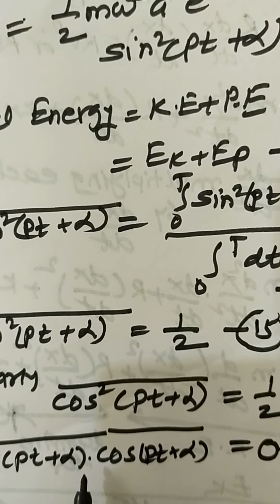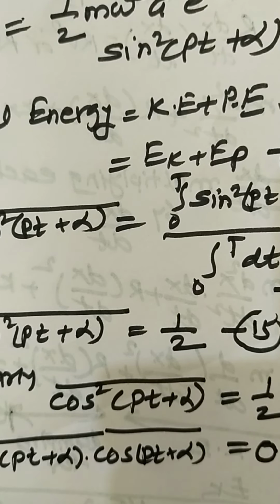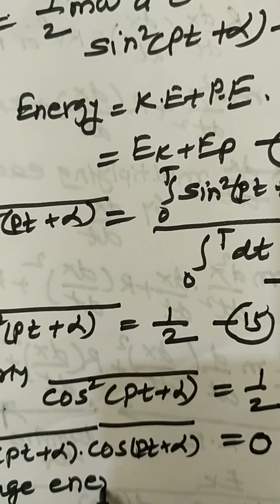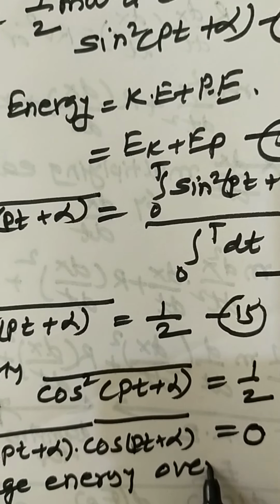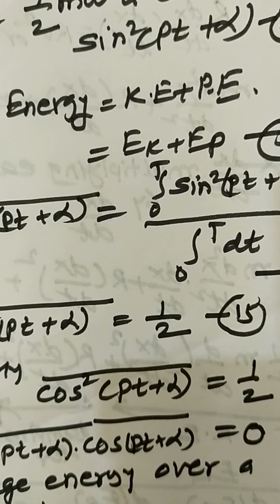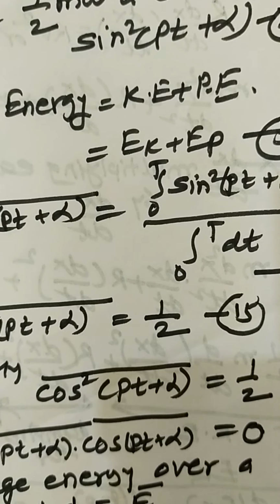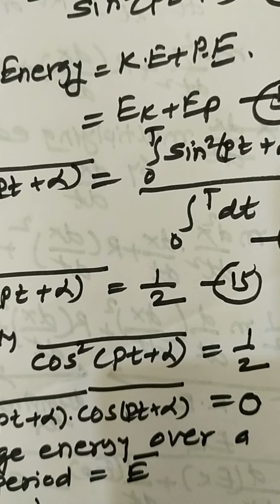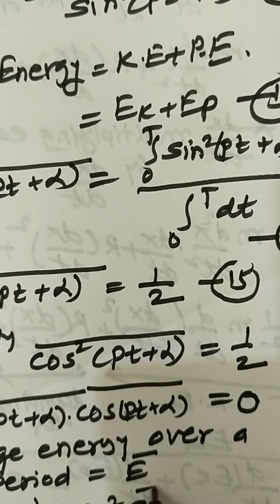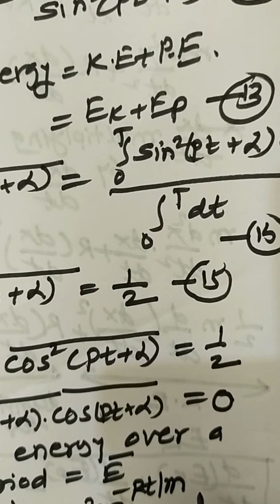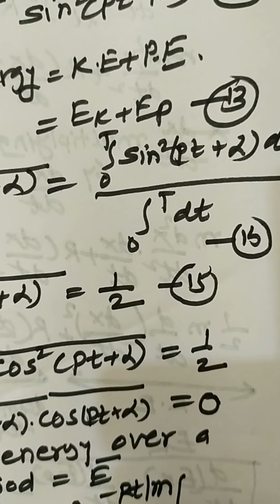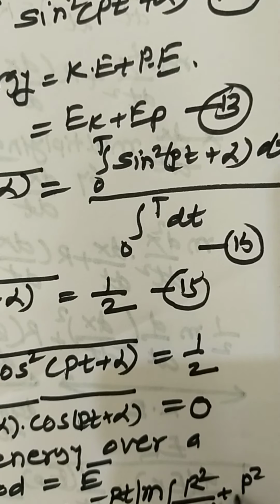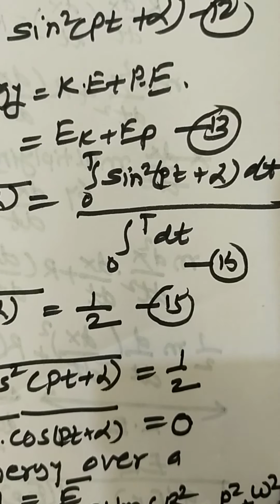So the average energy over a period, E bar, is equal to 1/2 m A squared e raised to minus Rt upon m into (R squared upon 8m squared plus p squared upon 2 plus omega squared upon 2).